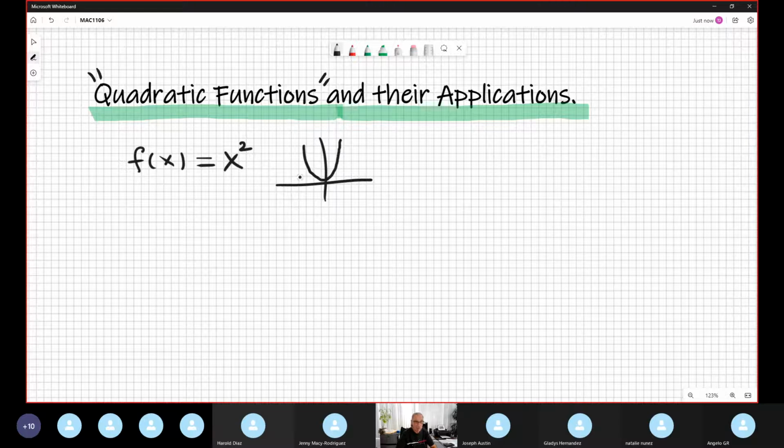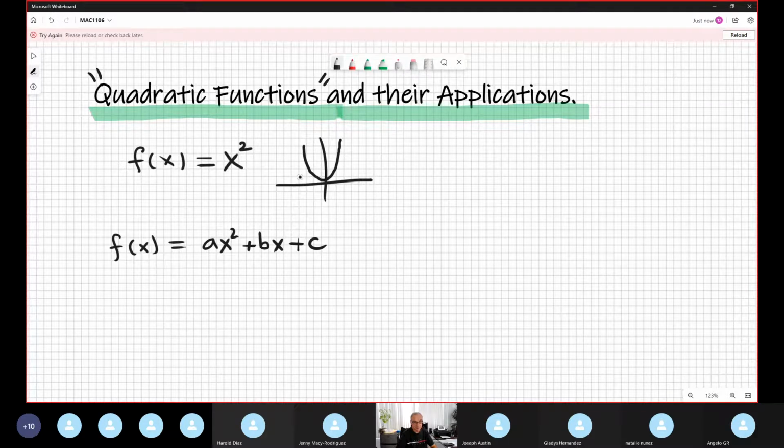However, we study in detail the family of the quadratic function. So there are two different ways to express the quadratic function. This way you are a little bit familiar, because in your moment, we are solving a quadratic equation, and the quadratic equation is solved similar to this.